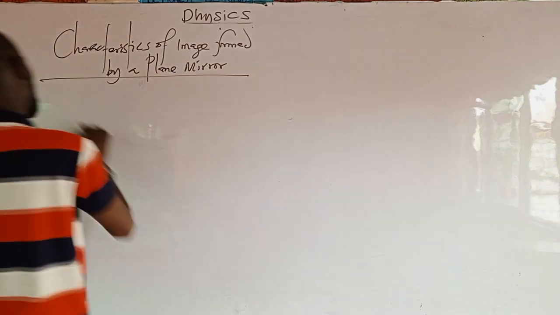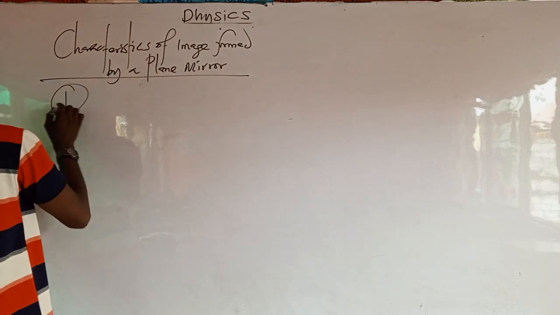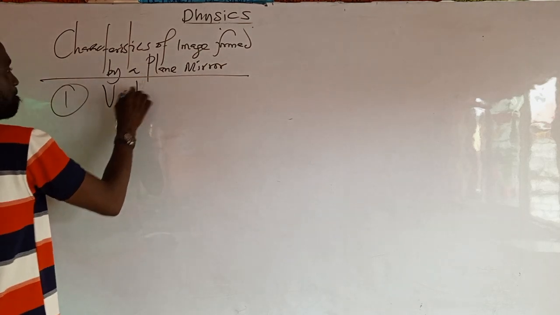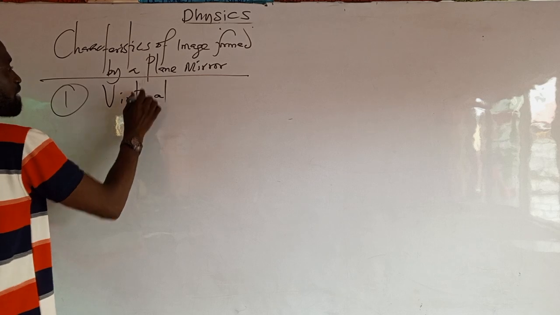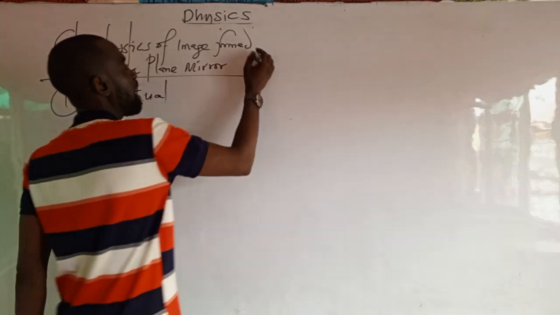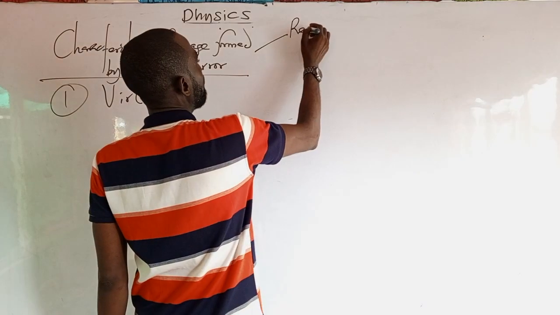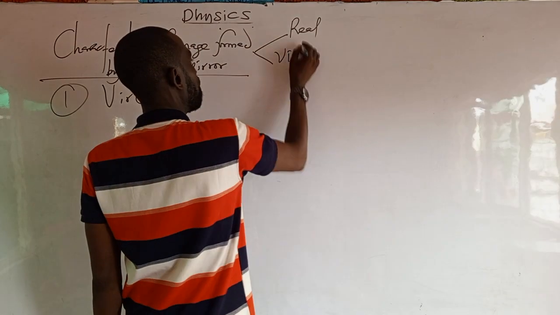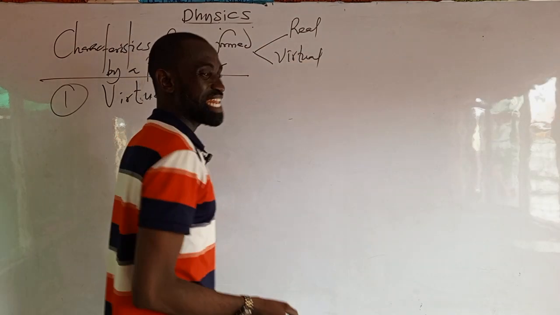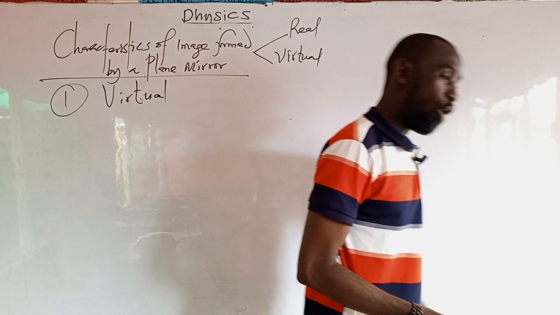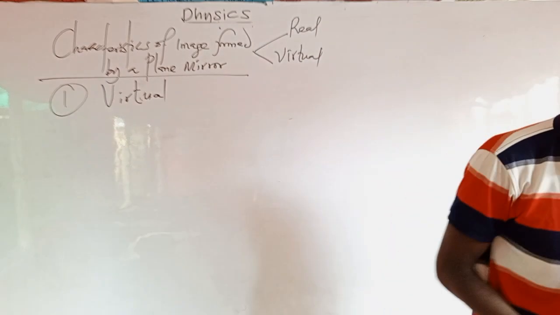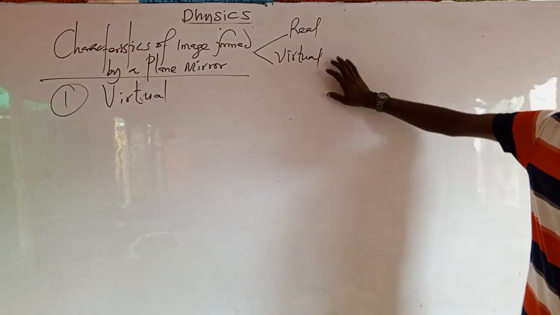The first one is that the image is virtual. I'll explain that later. We have two types of images: real image and virtual image. Any image that cannot be seen or cast on the screen is what we call a virtual image.